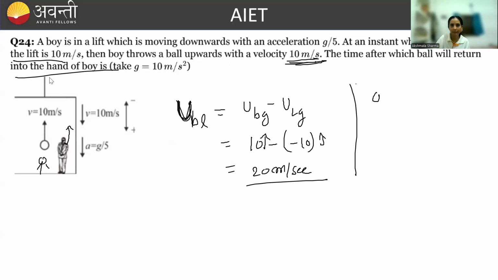Now let's calculate acceleration of ball with respect to lift. So acceleration of ball with respect to ground minus acceleration of what? Lift with respect to ground. So this is how much? जब ball air में है, इसका acceleration with respect to ground is in downward direction. So that is minus 10 j, minus acceleration of lift with respect to ground is how much? This is g by 5.